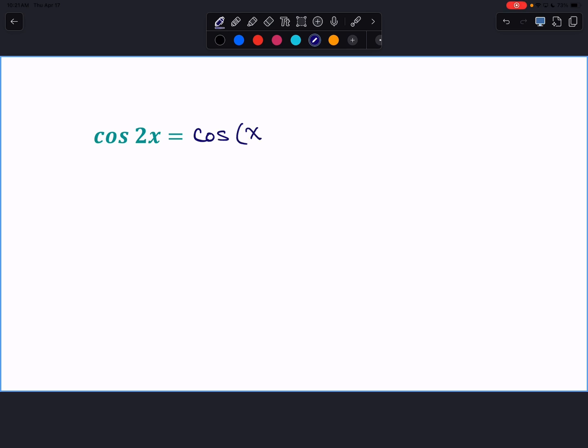Cosine of x plus x. And then what'd you say? Cosine, cosine, sine, sine. Whatever's written first, we're going to write it first. Whatever's written second, we'll write it second. And then because it's cosine, we're going to change the sign.